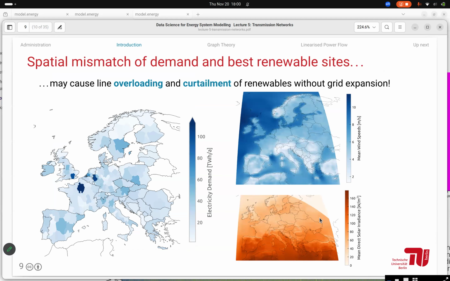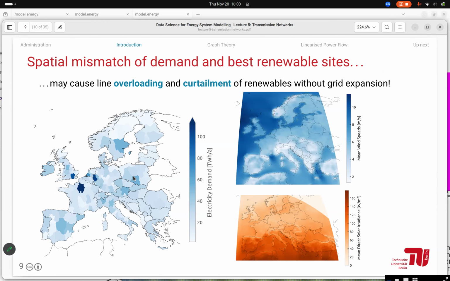So why could there be overloading? Well, you have not only the renewables, but also the load that is spatially distributed differently. We have higher wind speeds in the North Sea, good solar resource in southern Europe. You have the load centers like Northern Westphalia, Paris, London, and so on, that have higher industrial concentration, higher population, and therefore higher electricity demand.